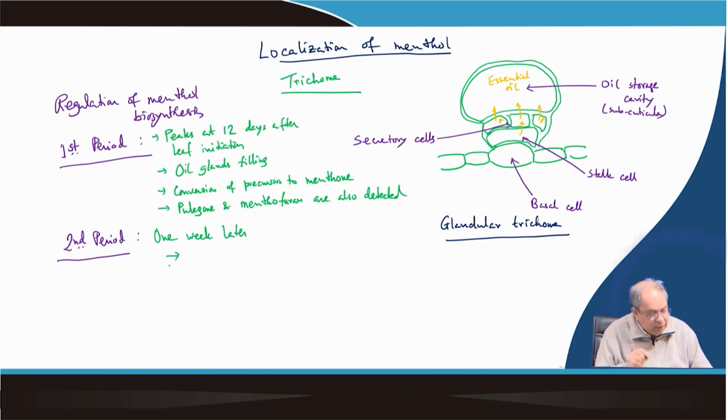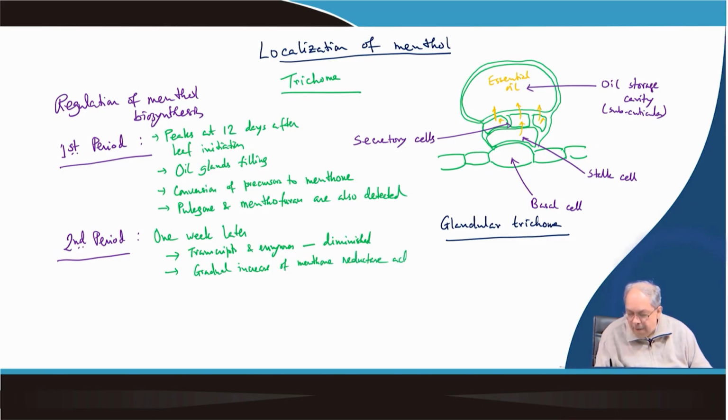In this period what we will see is that the transcripts and the enzymes both will be diminished, and then the important point is a gradual increase of menthol reductase activity, MR, resulting in depletion of menthone and a concomitant increase in menthol.